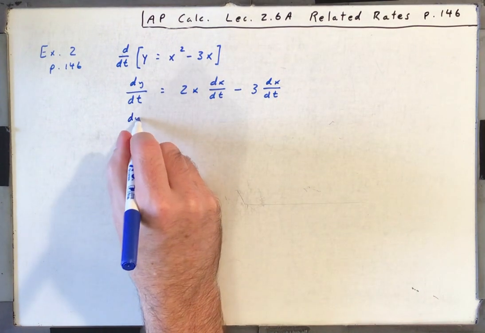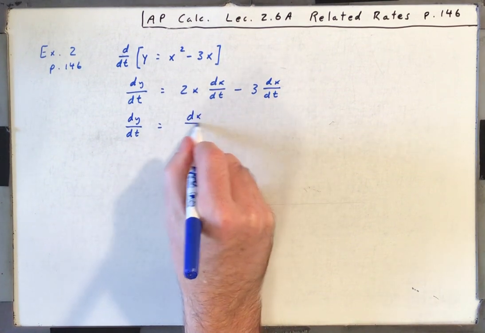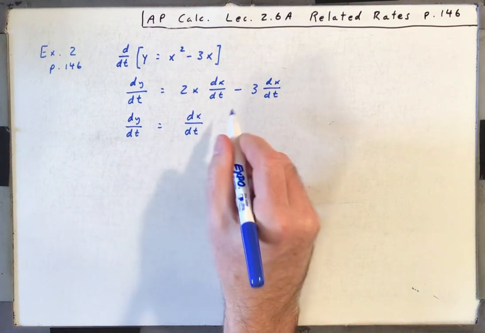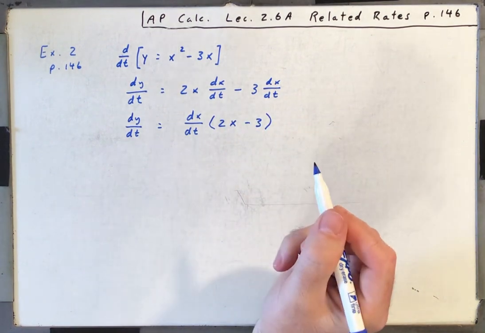Okay, let's factor out a dx/dt. And what you have is 2x minus 3.